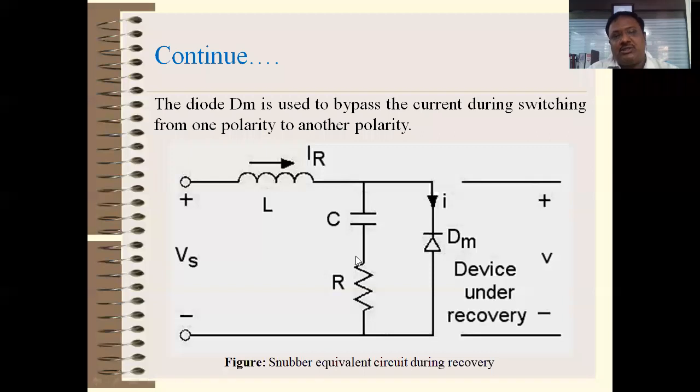But during discharge, the circuit inductance L stores the energy, positive at the Vs terminal, negative at the other. If you are able to see the cursor position, you can understand that when we apply this voltage Vs, the inductor stores the energy, and the polarity of that stored energy is positive at the current cursor position and negative at the other side, right?